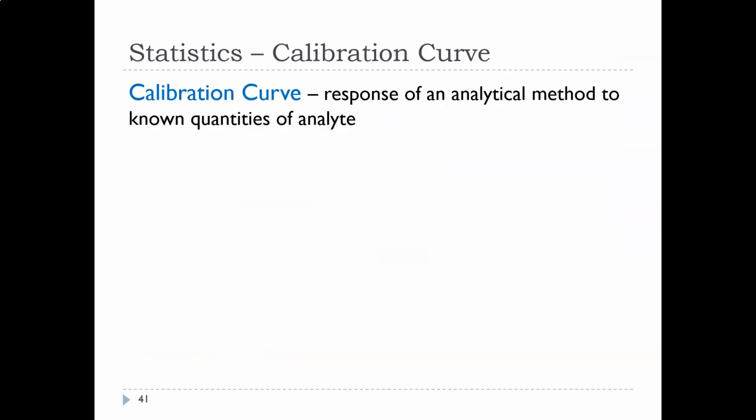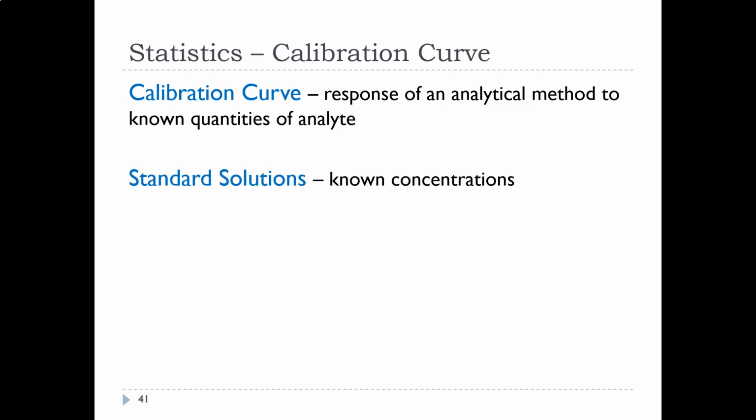But to finish out this chapter, our calibration curves are all based on this Gaussian distribution statistical analysis as well. Remember, calibration curves are graphical analysis comparing the response of a test to the known quantities of the analyte, the known concentration.